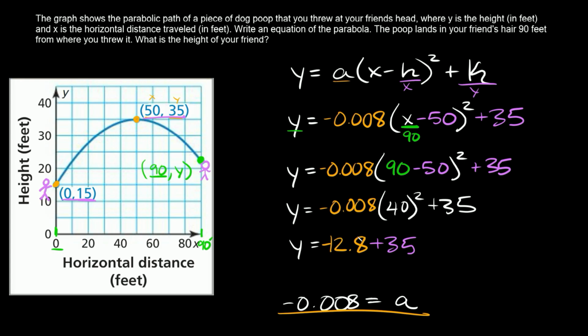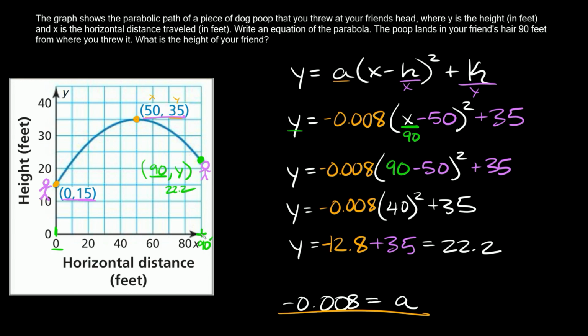Positive times a negative is a negative. So then we get negative 12.8 plus 35, and that's equal to 22.2.